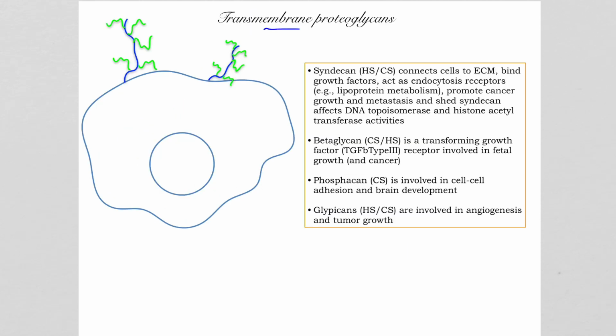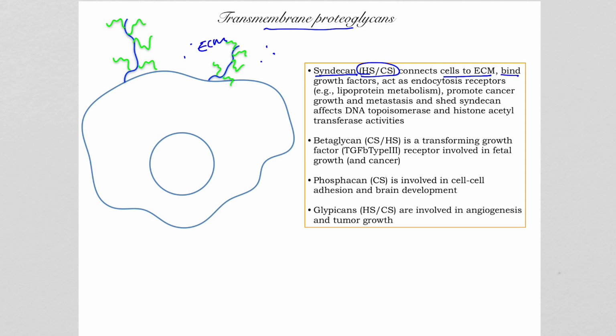The transmembrane proteoglycans, just a few examples and what they do. Syndecan has these GAGs, chondroitin sulfate and heparan sulfate. Syndecan connects cells to the extracellular matrix, the ECM.